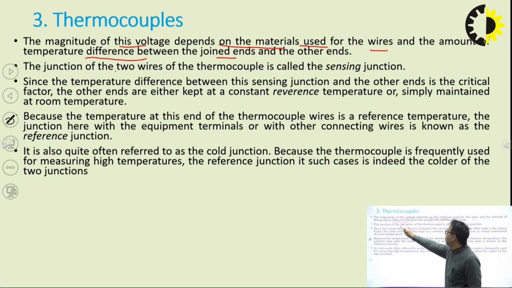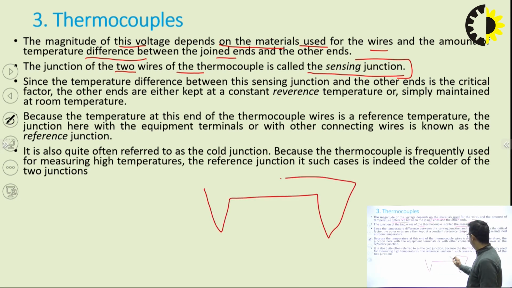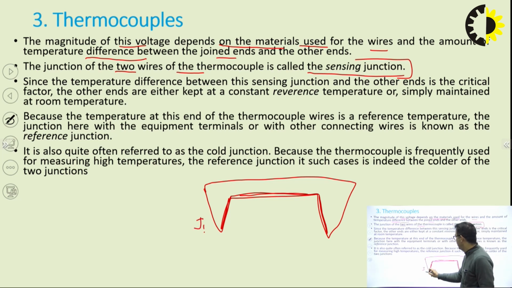The junction of two wires of the thermocouple is called the sensing junction. So here one junction becomes our sensing junction, junction 1, junction 2.